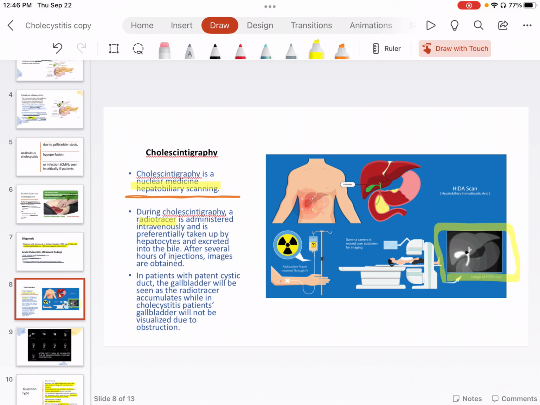In the normal individual, you are able to see the gallbladder. But if there is an abnormality and there is some obstruction right there, then the dye cannot enter into the gallbladder, and you cannot see the gallbladder in this image.